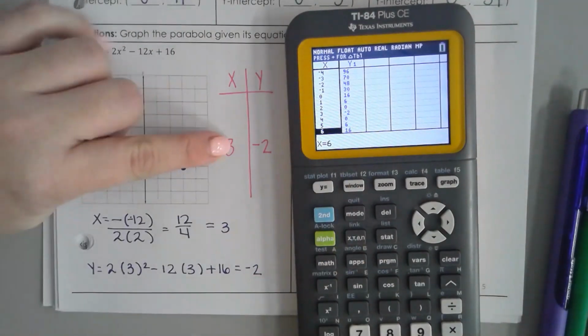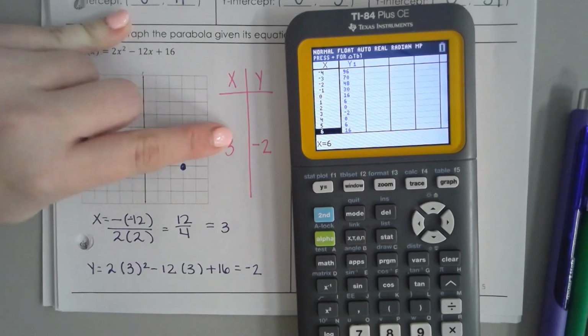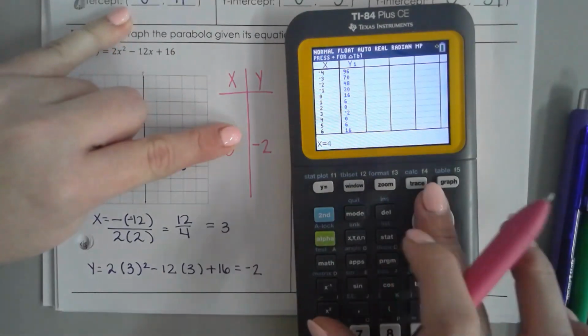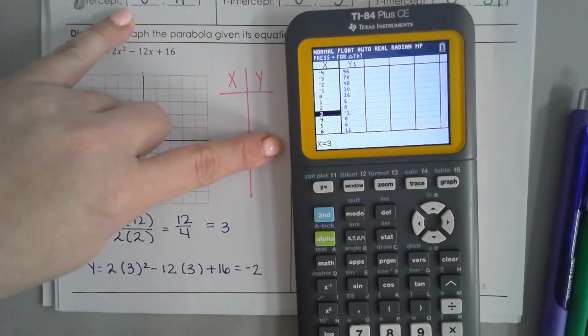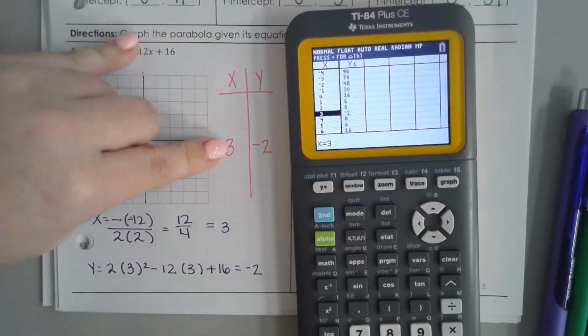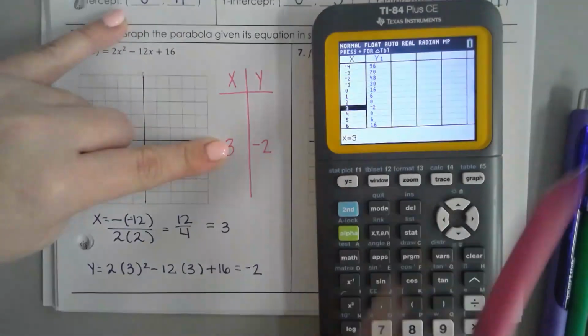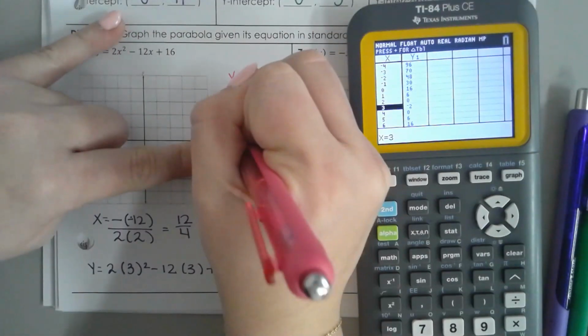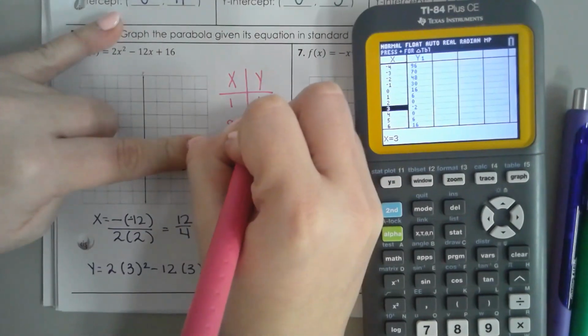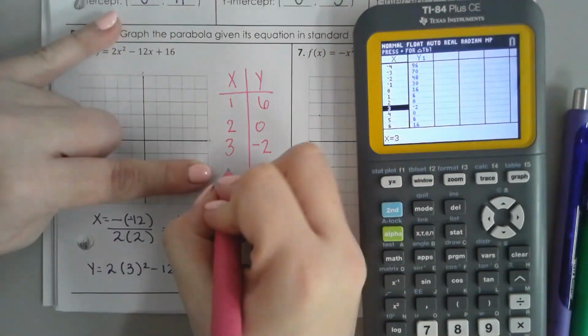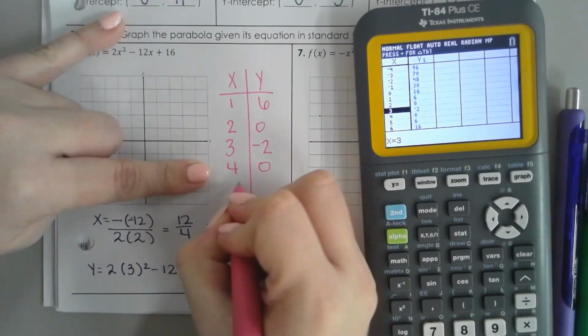Since you found your vertex, you kind of know where to start. You can scroll up or down. So 3, -2, I'm going to go above that and put 2, 0. That's a point. 1, 6. And then 4, 0, 5, 6.